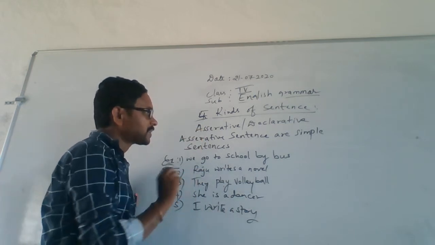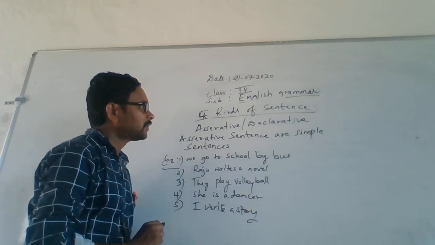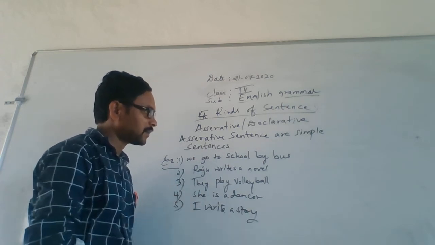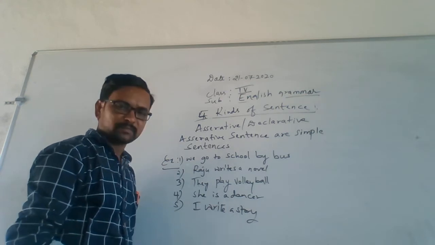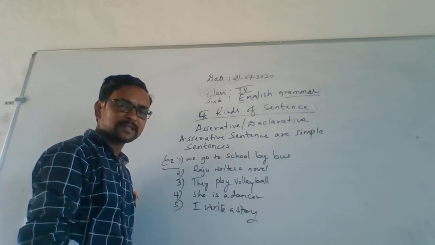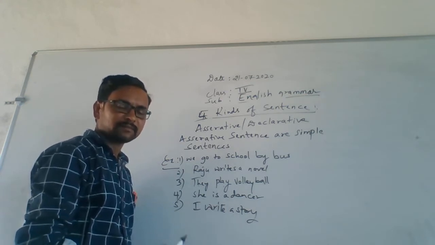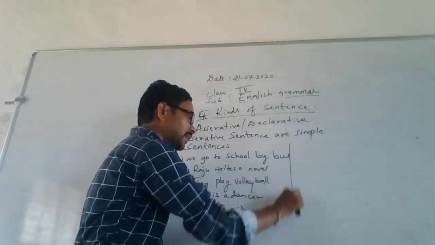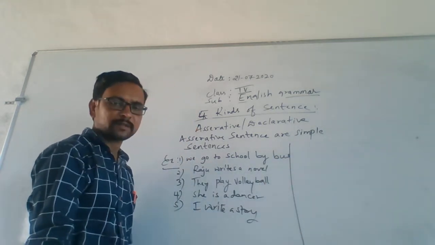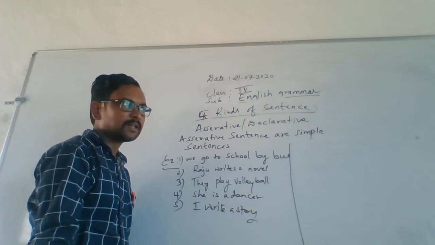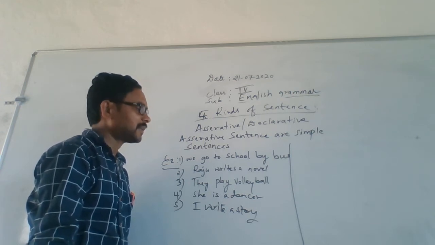These are assertive or declarative sentence examples. So negative. Negative means what? Negative sentence also you have taken. Negative means what? In the sentence we use not. In the sentence it is called a negative sentence.